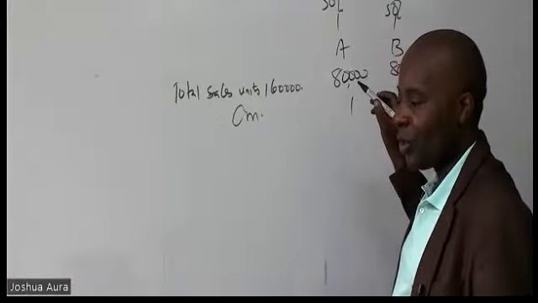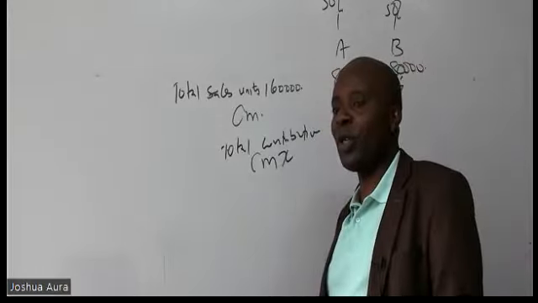Right? So could you kindly give me the total contribution? Total contribution is CM times number of units. You are taking the contribution margin times number of units. So 80,000 times 1 is 80,000. How about this and this? Can somebody give me this times this? 80,000 times 7 gives me 500 and who?